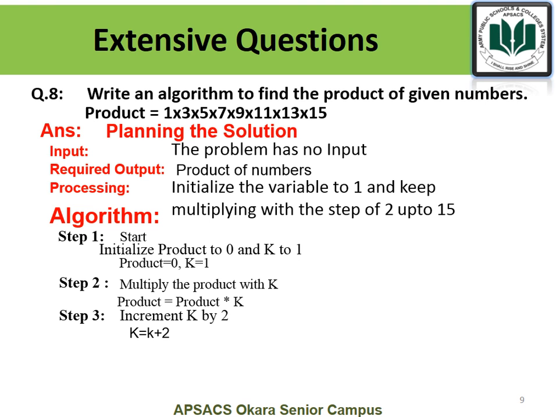First, if the value of k is 5, then the next value of k will be 7. So check whether the value of k is less than or equal to 15.